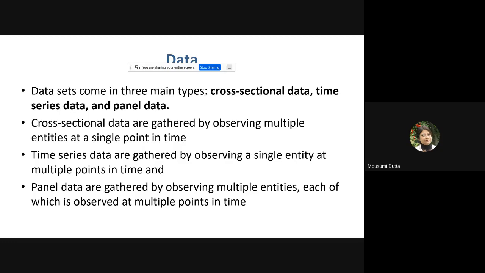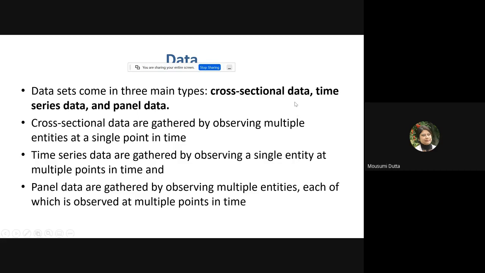In that case, we call it a panel data. It is a combination of cross sections as well as time points. Several cross sections we are considering, 10 countries we are considering, and we are considering all 10 countries for last 25 years. So if there are number of cross sections, number of time points, we call the data a panel data.